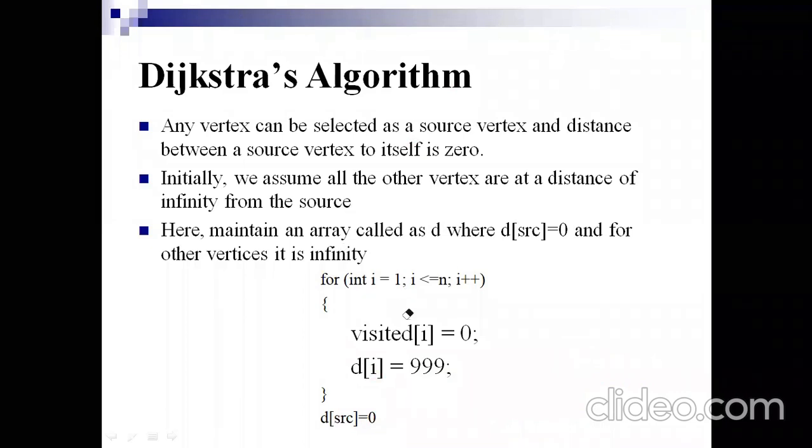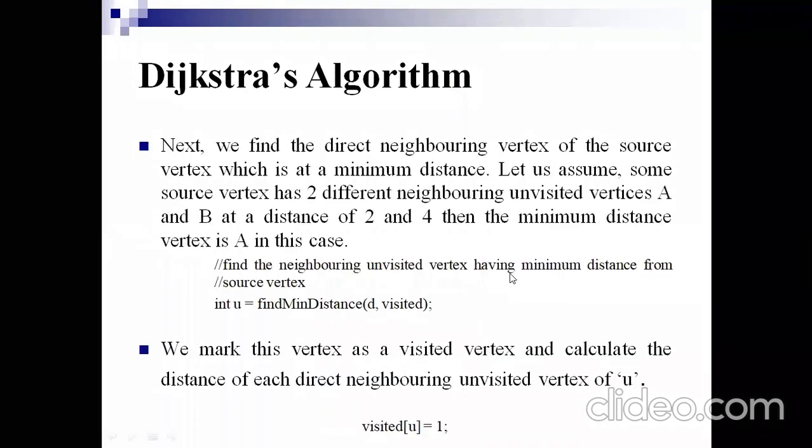The next step is to find the direct neighboring vertex of the source vertex. Find out which is the direct neighboring vertex, meaning the adjacent vertices to the source. How do you select that direct neighboring vertex?